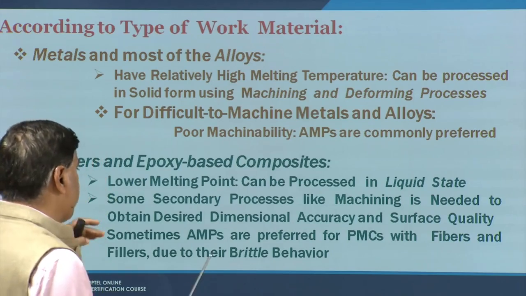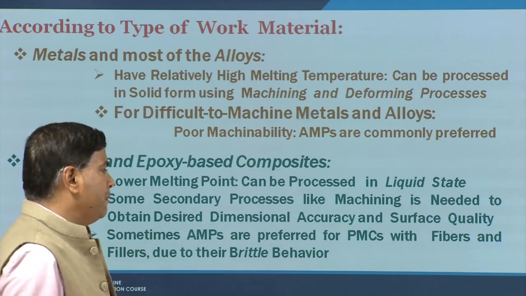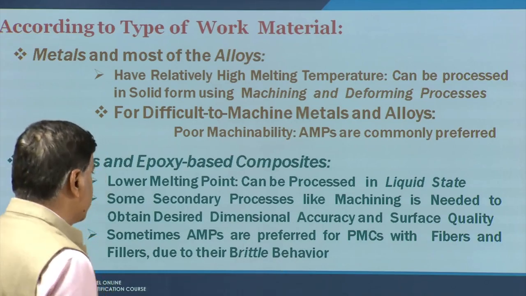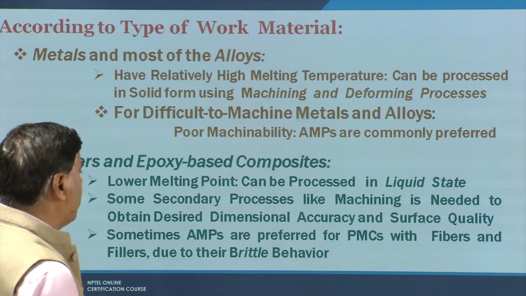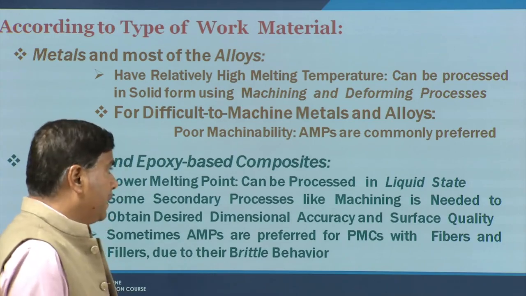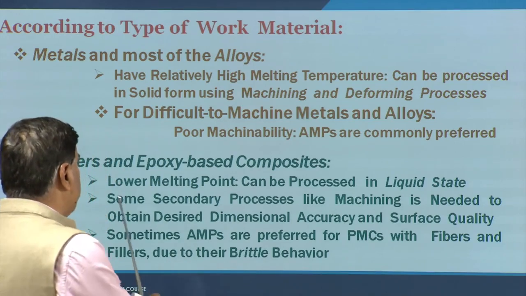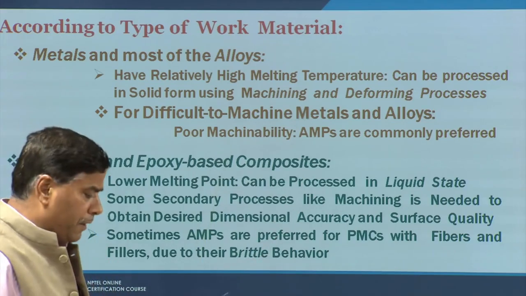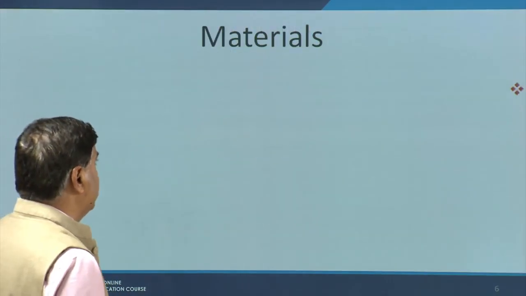So, certain polymer based composite materials can be processed using advanced manufacturing processes, especially to deal with the brittle behavior of such materials. Otherwise, mostly because of their low melting point, liquid state processing of polymers and plastics is carried out.